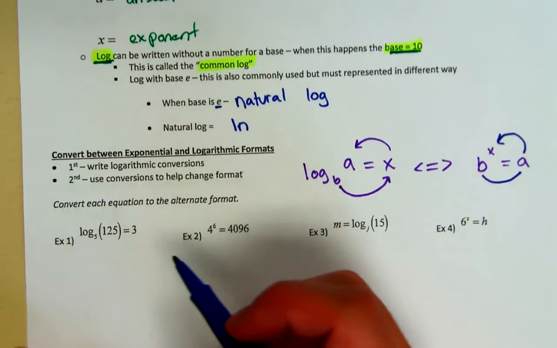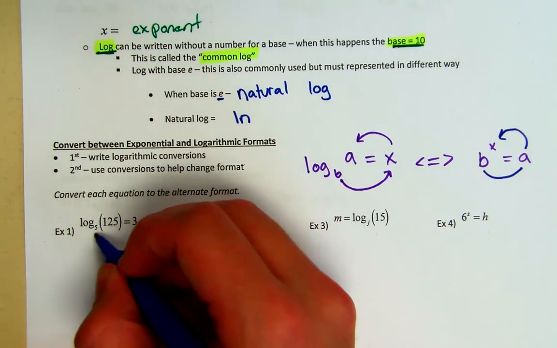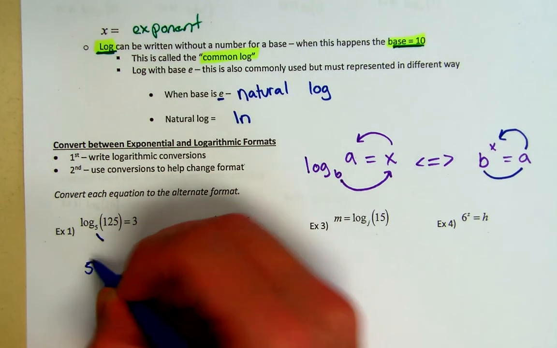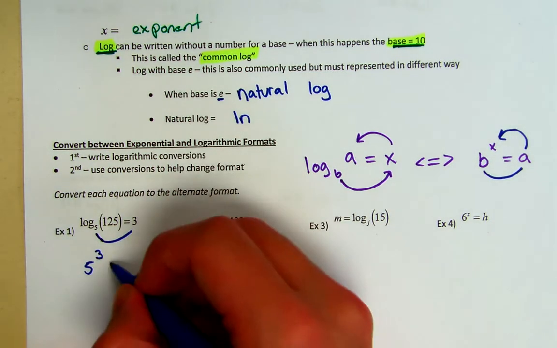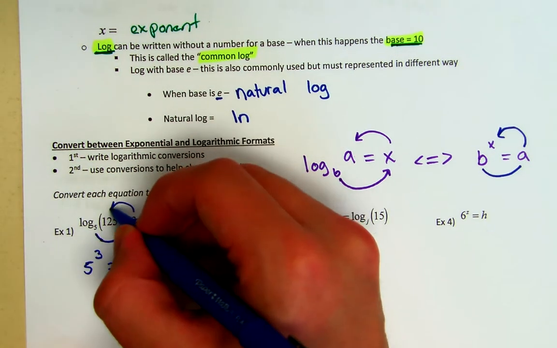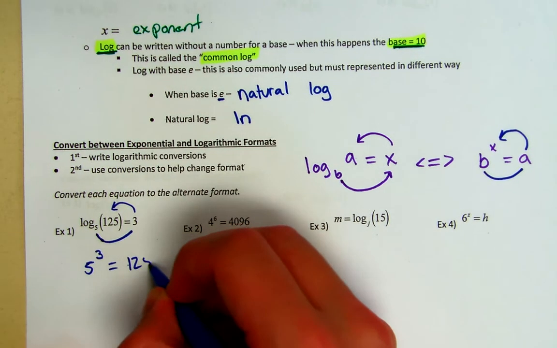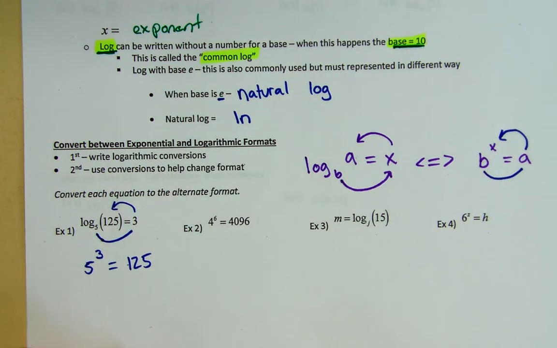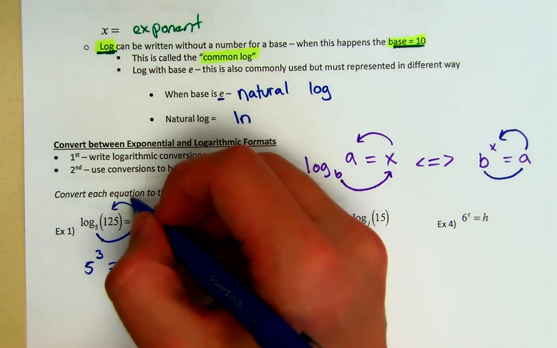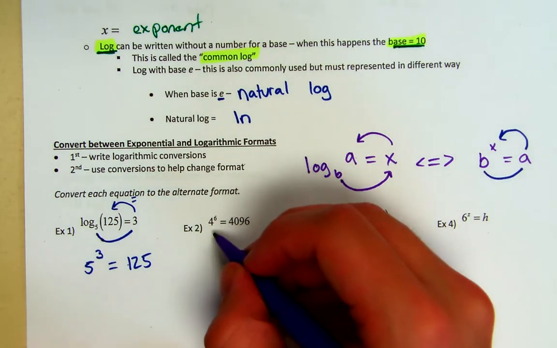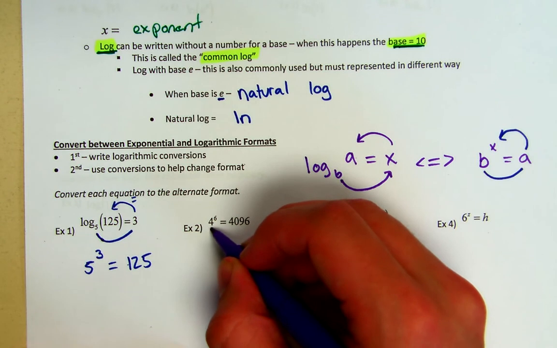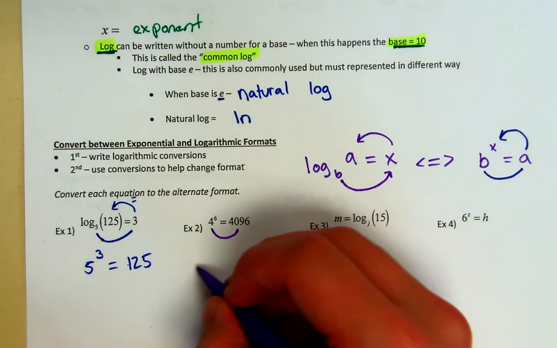So talking about example 1 here, the base of the exponent raised to the 3rd power is equal to 125. So changing it around, base to exponent equals. Same thing here. We're going to go base, so this is our base of something, but now we're at a log.